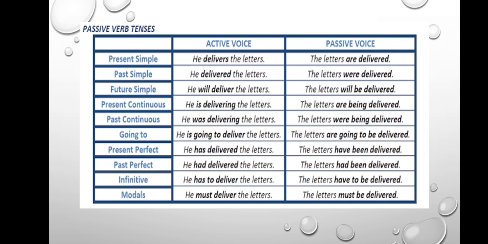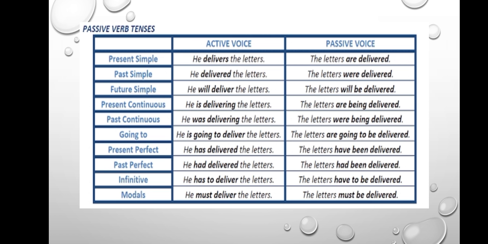Now, what is the object of the active voice? The letters. The letters will become the subject of the passive voice. Is the subject singular or plural? Obviously plural. As already said, singular subject takes singular verb, plural subject takes plural verb.